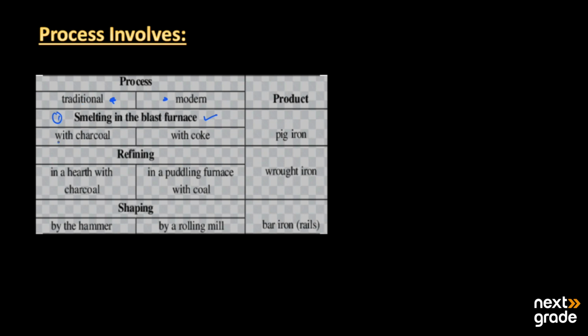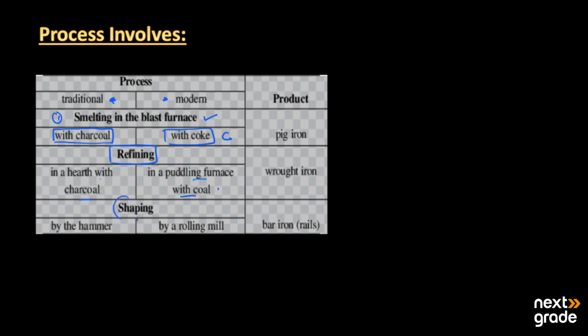But in the traditional, we use charcoal, and in the modern, we use coke, which is carbon. After this, there is a process of refining that is done in the hearth with charcoal, and in the modern, it is done in the puddling furnace with the help of coal.